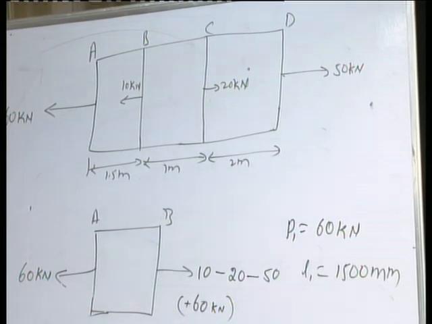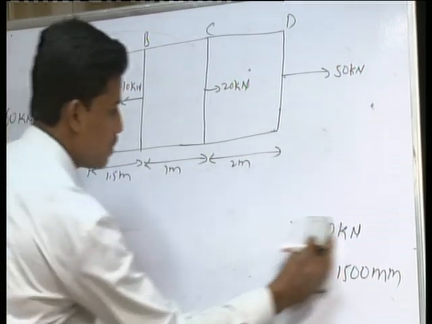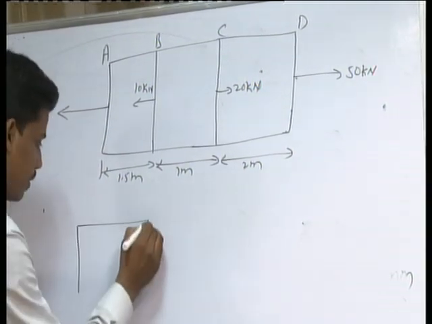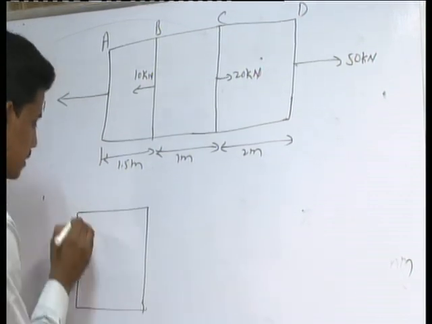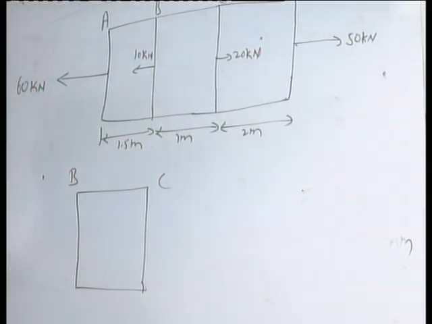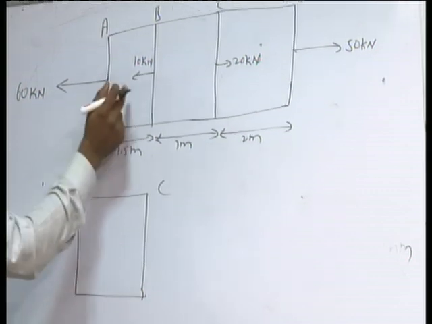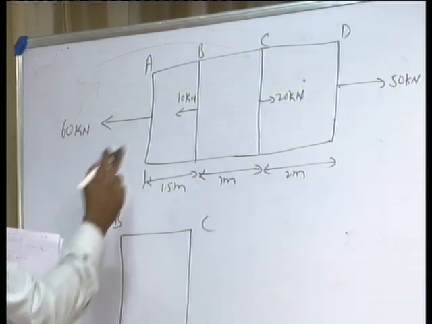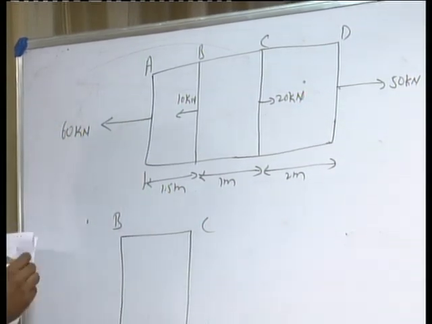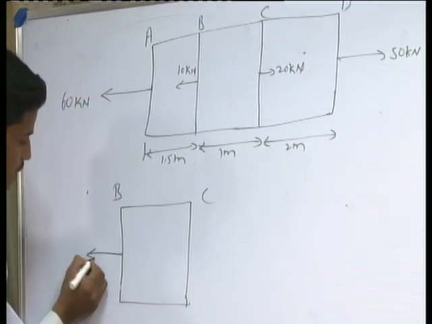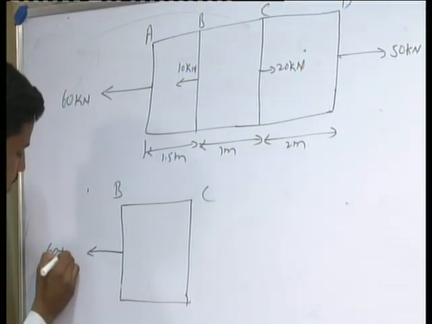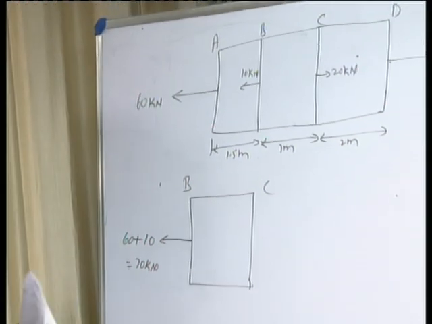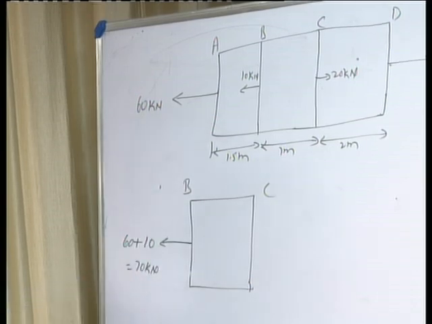Then in the second case, if you consider block BC, here 10 kilonewton and 60 kilonewton are acting in the same direction, so 60 plus 10 we get 70 kilonewton.